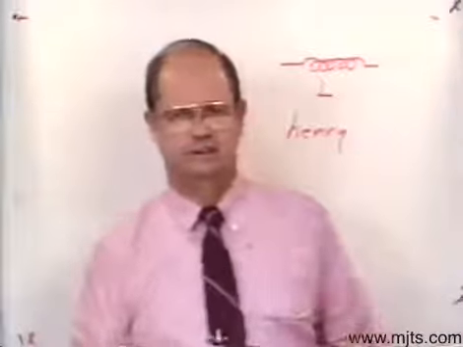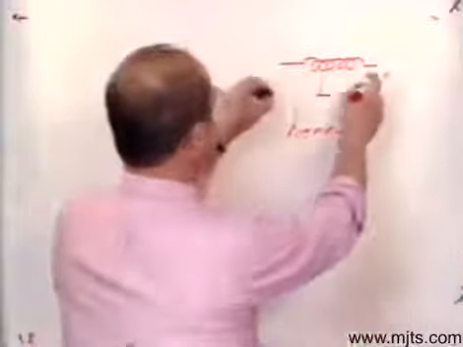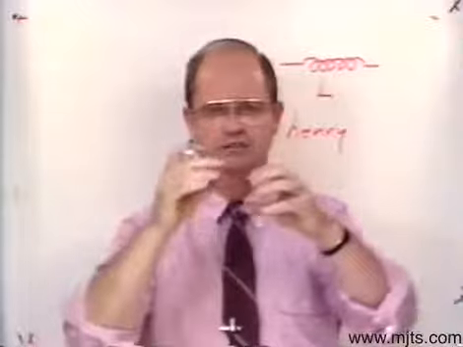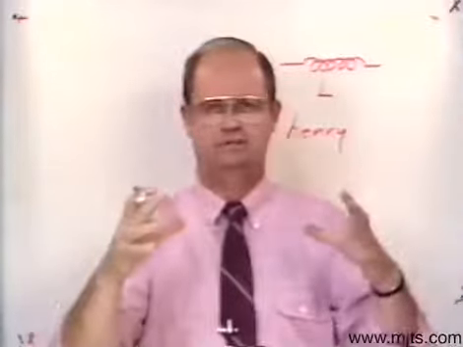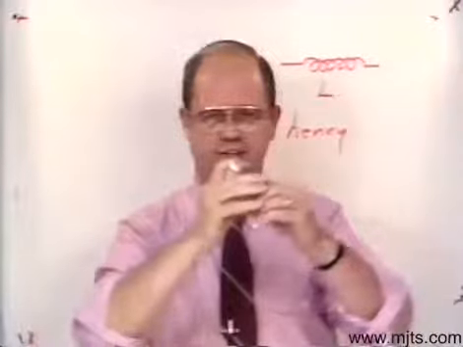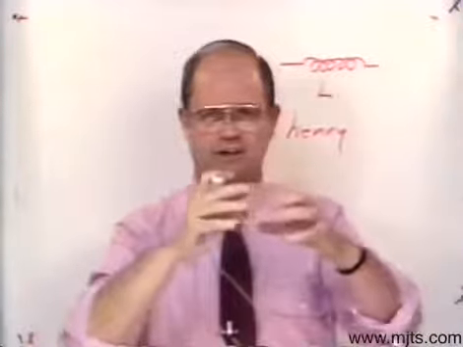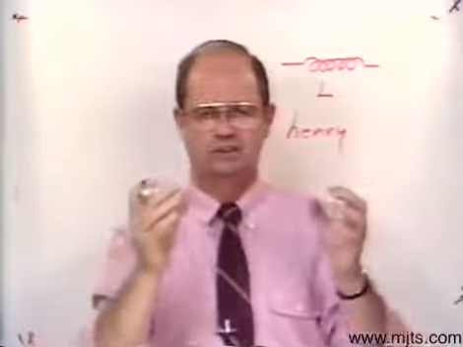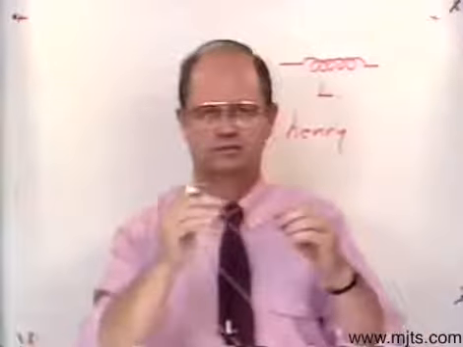The way it does that is that if I have a change in the current flow, that means that I have a change in the magnetic field around that coil. Now, the change of the magnetic field around that coil actually induces a voltage back on itself.